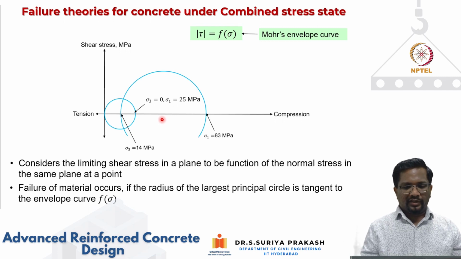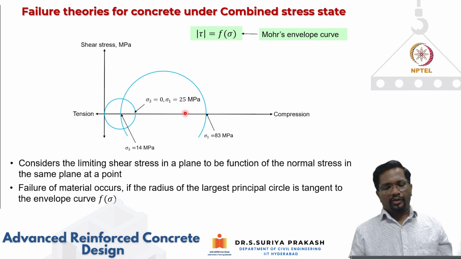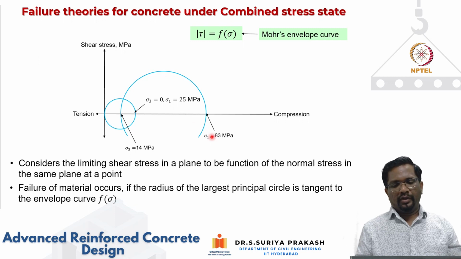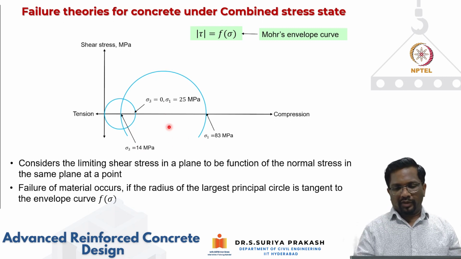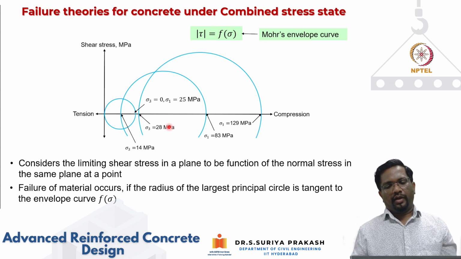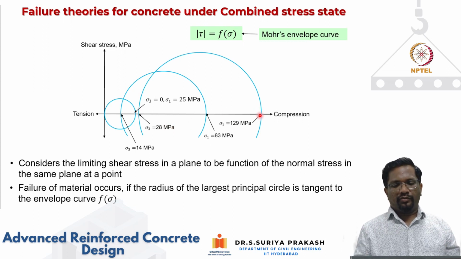Similarly, I can also test a cube under biaxial compression, where the major principal stress at failure is 83 megapascal, and the minimum compressive stress is 14 megapascal. This is the stress combination at which it is again failing. Similarly, I can test at a larger stress, with a higher compression of 129 and a lower compression of 28.